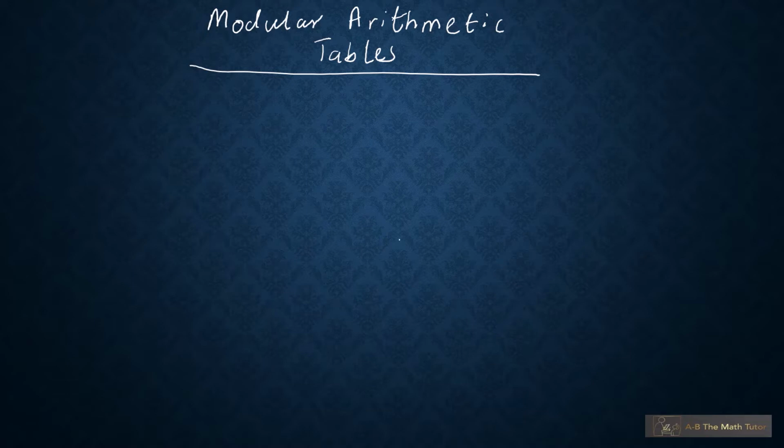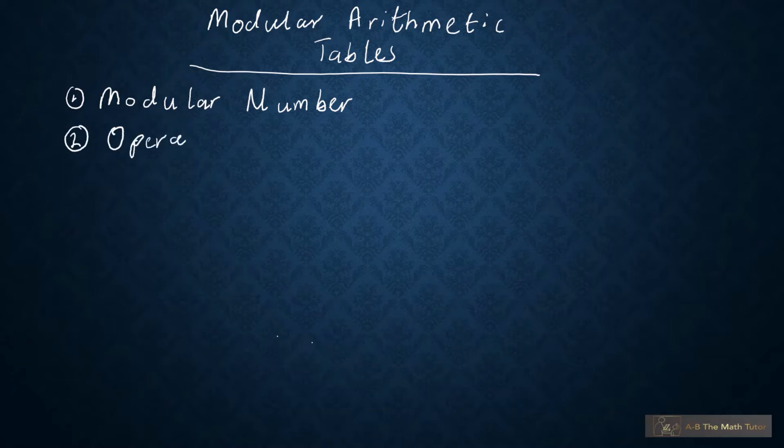But before then, there are two important things to note in every modular arithmetic table, and these two things are the modulo, or the modular number, which is going to control the construction of the table, and the operation used.